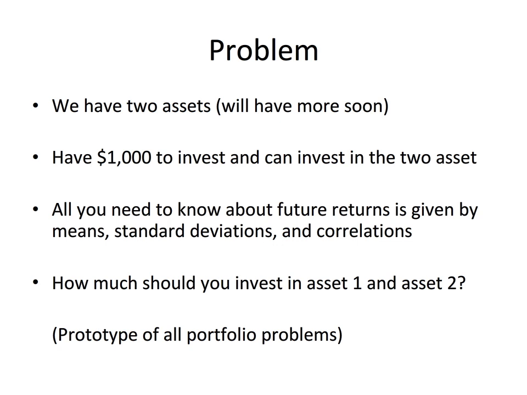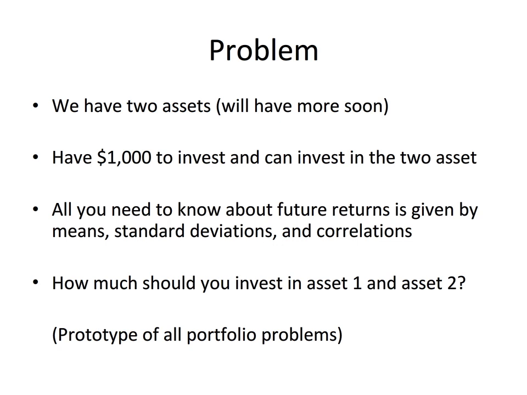We have two assets, and we can make an investment in one of them, or the other one of them, or in both of them. We'll add more than two assets next week so that we can have many assets. Second bullet point, we have $1,000 to invest and can invest in two assets.